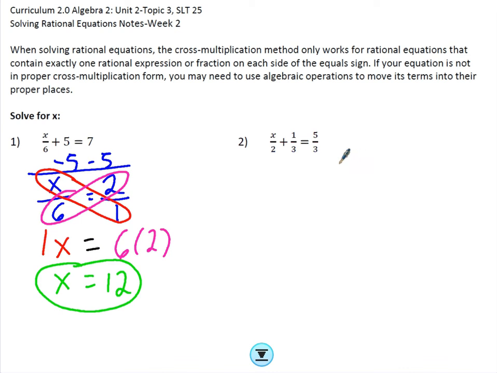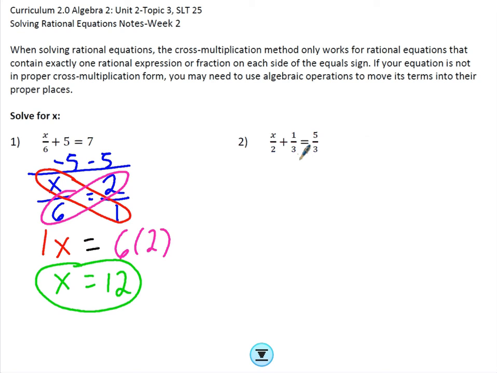So in number 2, we have x divided by 2 plus 1/3 equals 5/3. Now we need to turn this into a situation where we have one fraction on one side and one fraction on the other side. In order to do this, what you need to recognize is the two fractions here, or it could be more than two, that have the same denominator, and put those together on one side. We can only add or subtract fractions if they have the same denominator.